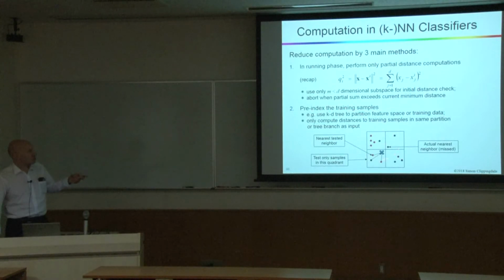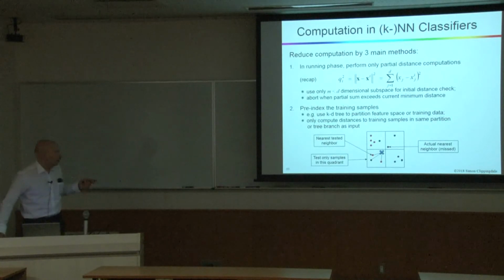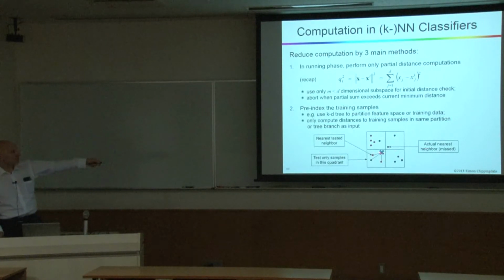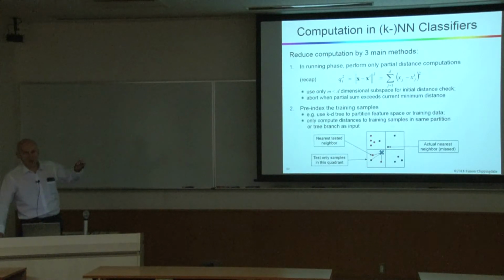Another thing you can do is pre-index the training samples. So you can use a tree like this to partition the feature space and only compute the distances to training samples which lie in some part of the feature space. So let's say here's your input vector, this blue cross. Because it falls in this quadrant of the input space, we'll say, well, we're only going to compare distances between the input vector and these vectors which fall in that space.